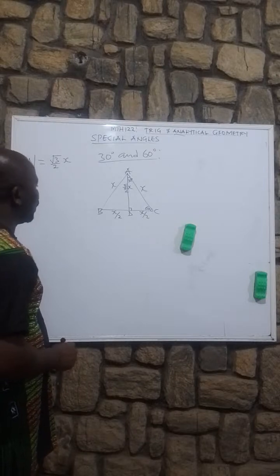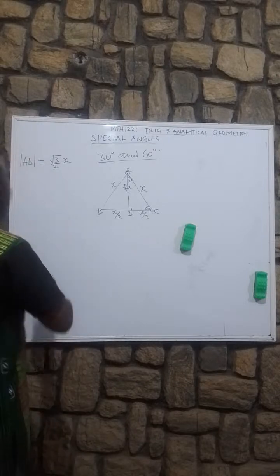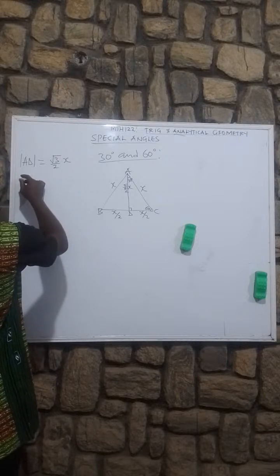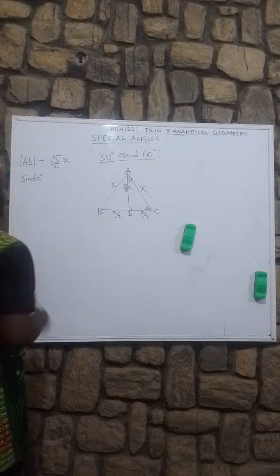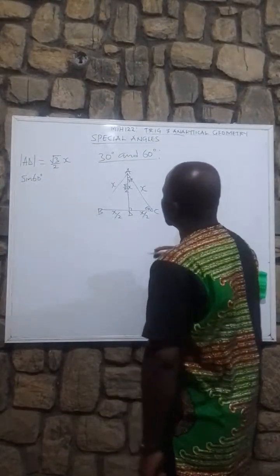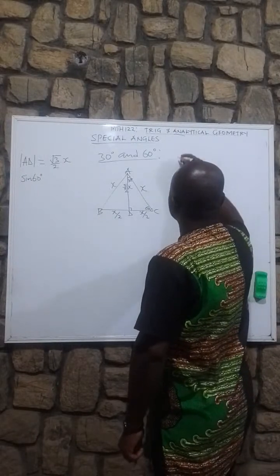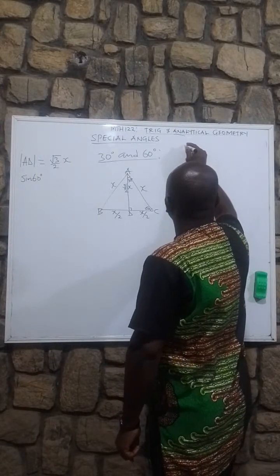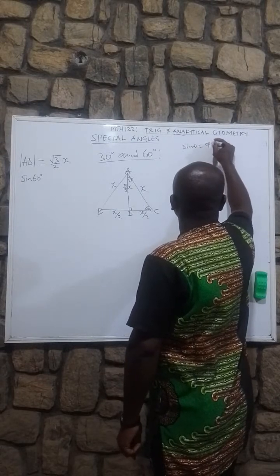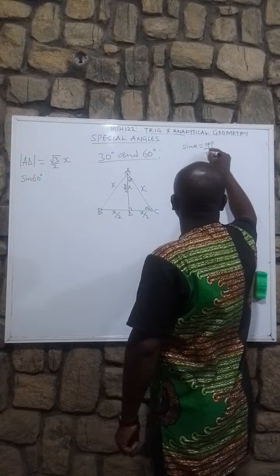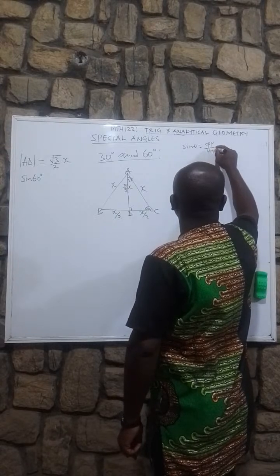So now let us first look into consideration sine 60 degree. Note that your sine theta is always what? Opposite all over hypotenuse. True of us.